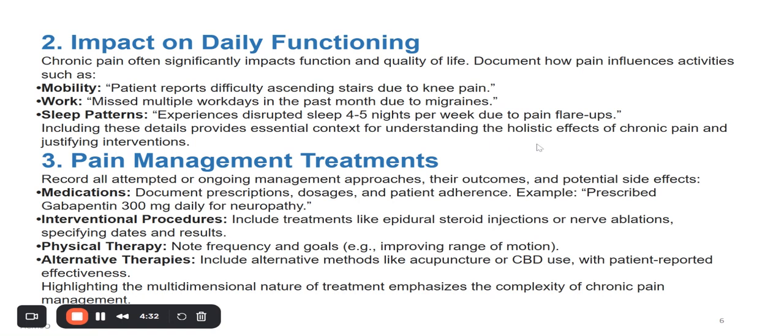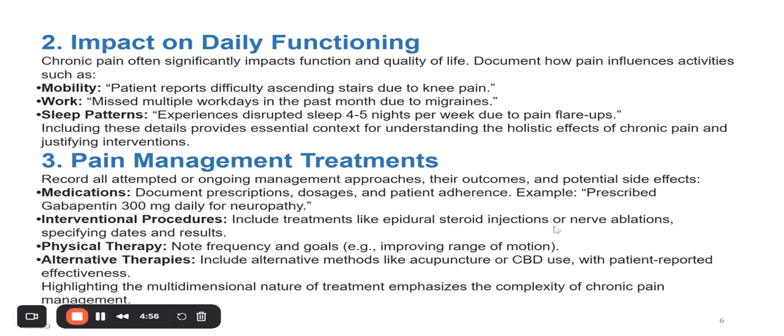Pain management treatments. Record all attempted or ongoing management approaches, their outcomes, and potential side effects. Medications: document prescriptions, dosages, and patient adherence. Example: prescribed gabapentin 300 mg daily for neuropathy. Interventional procedures include treatments like epidural steroid injections or nerve ablations, specifying dates and results.